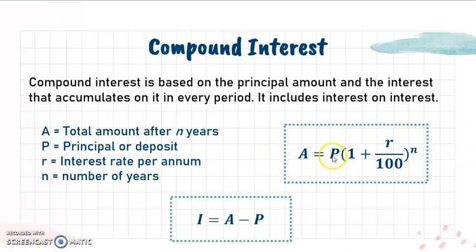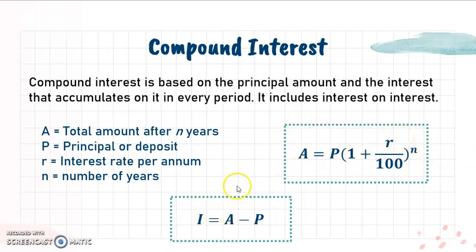A is equal to P (1 + R/100) to the power of N. A is the total amount or final amount after a certain number of years. P is the principal or deposit or the money you invested. R is the interest rate. N is the number of years. Okay, you need to remember this for compound interest.